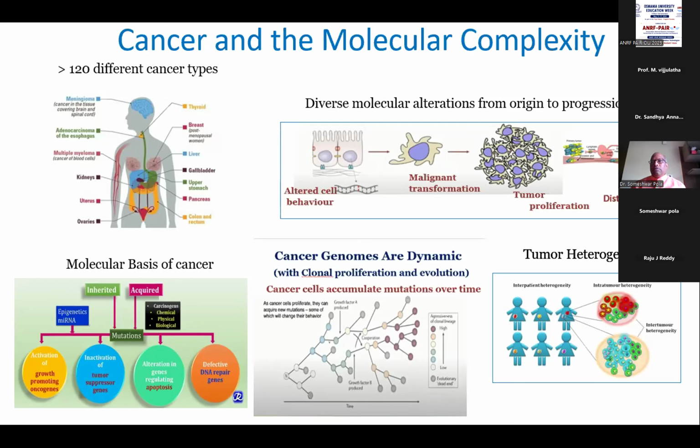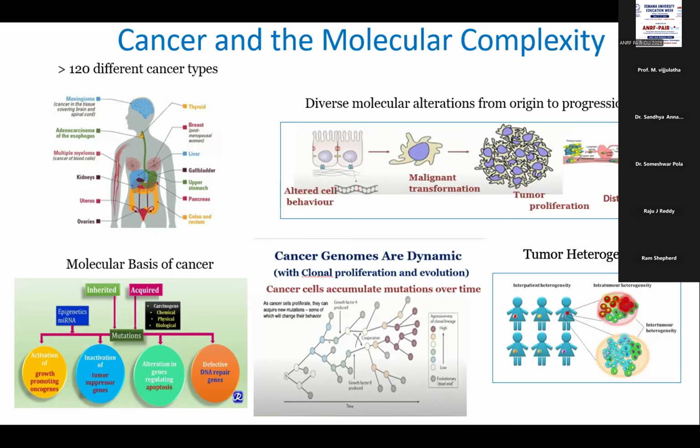And there are diverse molecular alterations that are involved from origin to progression. So basically, the altered cell behavior triggers the cell transformation from a normal to a malignant form. And this malignant transformation proceeds, and the cell proliferates abnormally, and it can lead to distant metastasis and spreading of cancer from one place to different sites in human.